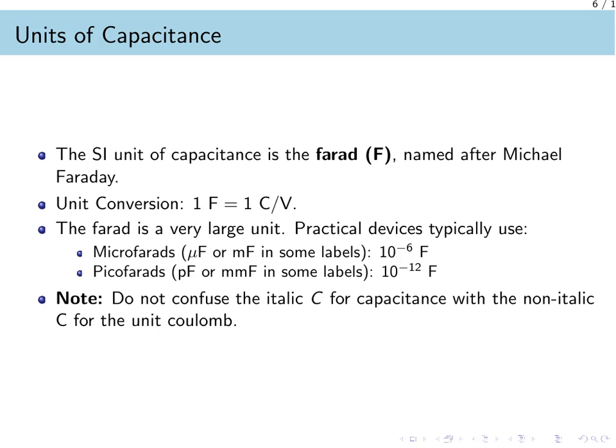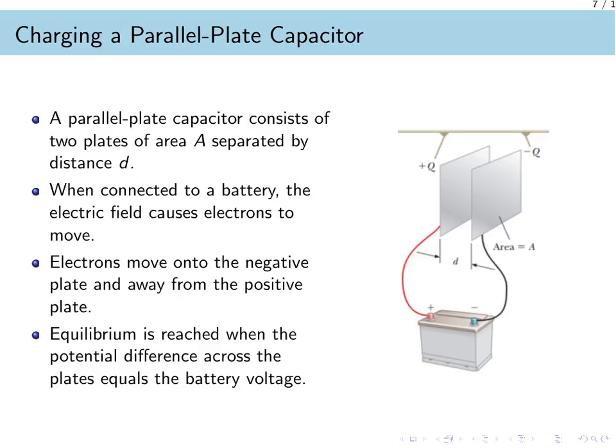To understand how a capacitor becomes charged, let us look at a parallel plate capacitor, which consists of two conductive plates of area A separated by a distance d. When we connect these plates to the terminals of a battery, the battery acts as a source of potential difference. This creates an electric field in the connecting wires, forcing electrons to move.